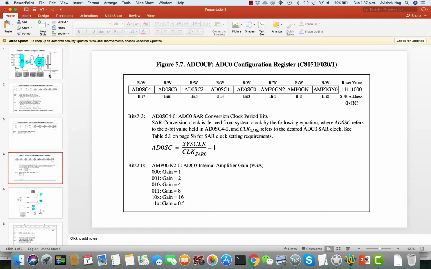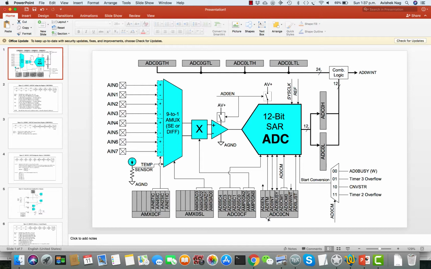So you see, if you go back to the original figure, we have covered the functions of these 4 special function registers. This one selects whether you want to have a single-ended input or a differential input based on this combination of bits. This one selects which of the inputs you are selecting, and also whether they will be single-ended or differential.